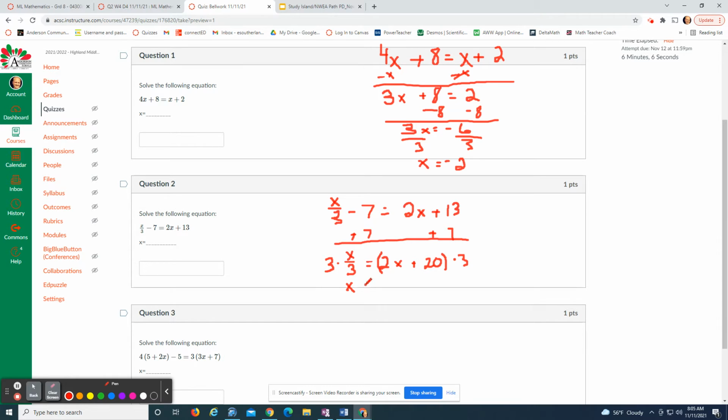X is going to be equal to 3 times 2, which is 6x. 3 times 20 is 60. You then want to subtract 6x from both sides. You get negative 5x is equal to 60.